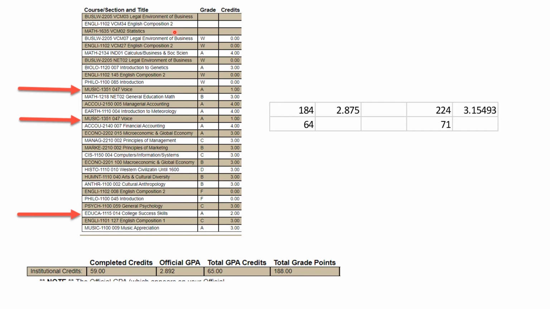So what happens is if they get all A's in all of these courses, that will be 10 credit hours times 4 in each course, so we add 40 to this 184, getting 224. But we do not add 10 to this because that's repeating the 1102. So we only add 7 to this, so that goes up to 71.